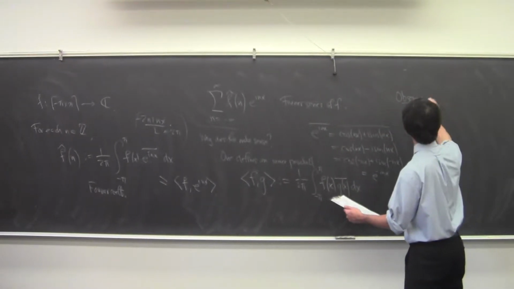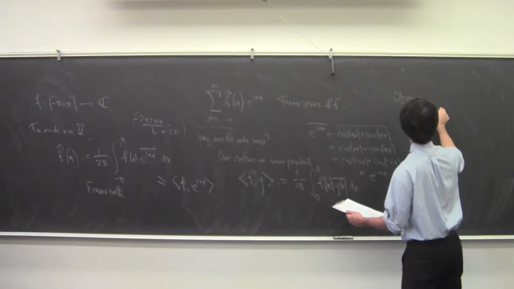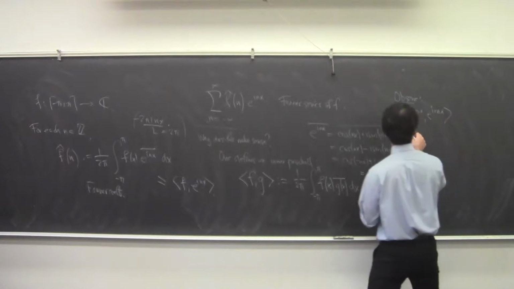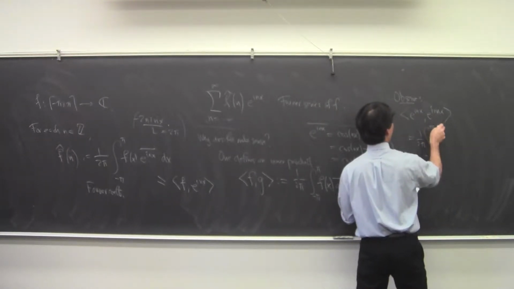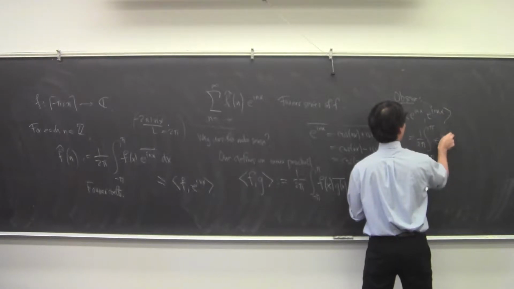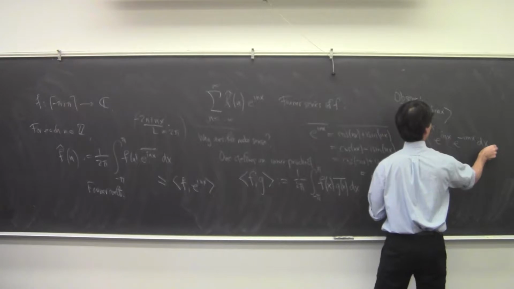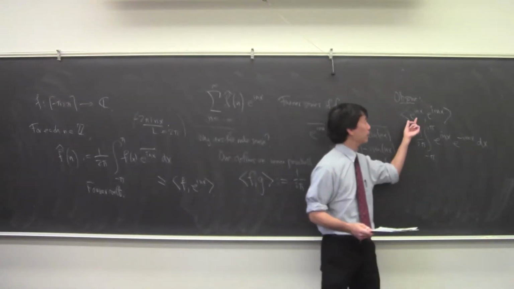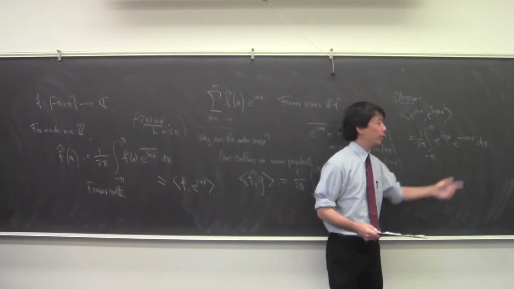And you notice that if you take e to the inx against e to the imx, what's that going to be? That's going to be the integral, 1 over 2 pi, from negative pi to pi, of e to the inx times e to the minus imx dx. You've got e to the inx, e to the imx bar.